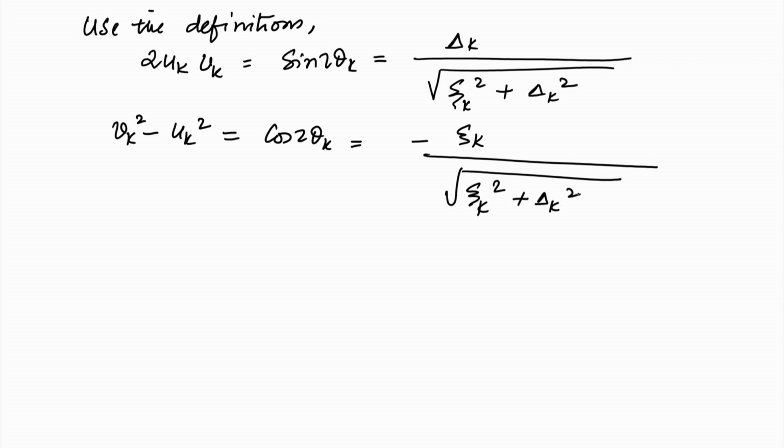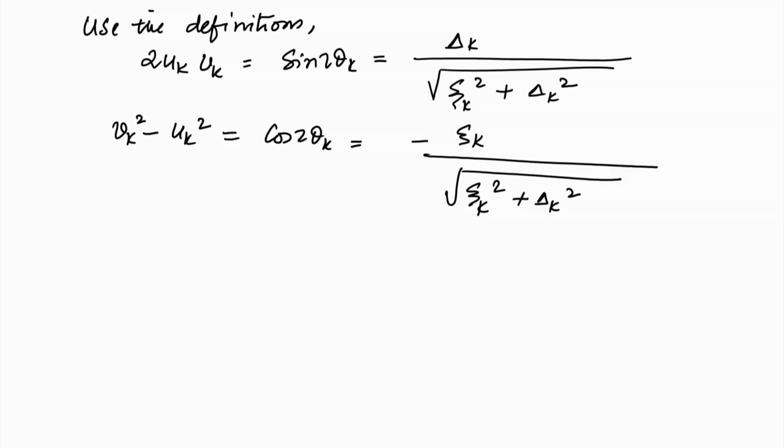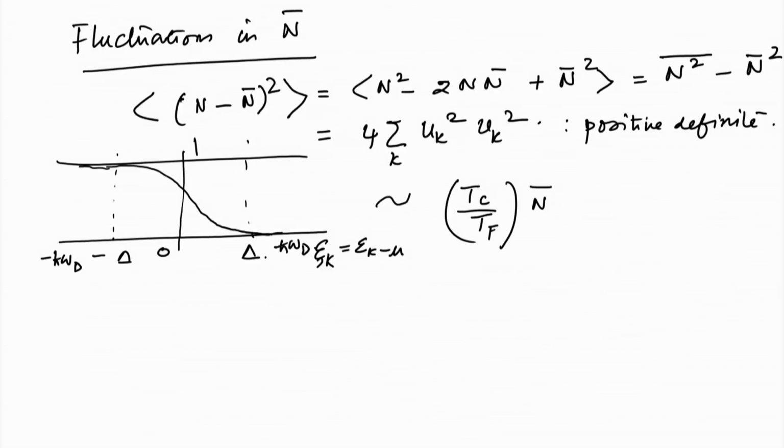There is a little bit of understanding that needs to be done here. We could have taken the other choice also, that is vice versa, but this choice fits all the definitions, and we have taken the cos 2 theta_k to be negative, because if xi_k is large, which means that epsilon_k is much greater than the chemical potential mu, then v_k should go off to 0, which is apparent from this diagram.